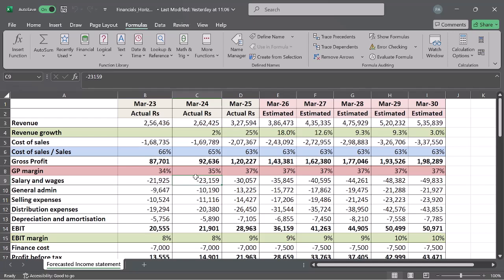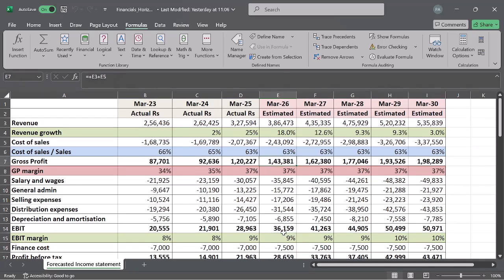You can make your own assumption. You can link it to the sales percentage, or you can just put a number and keep growing it a little bit, but it should be synced with the revenue, because salary and wages will grow as the revenue grows. Increments will happen, new people will join. So assume some number. It's just a template.